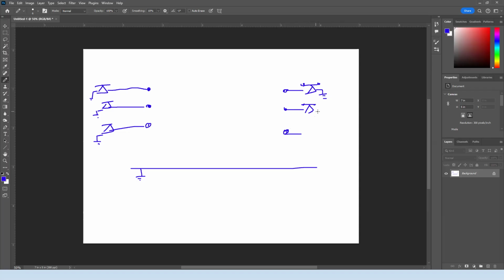Both sides have been connected to the ground, so they have a common ground. And we have another wire going between those 2 points.